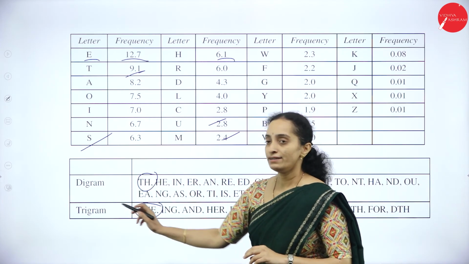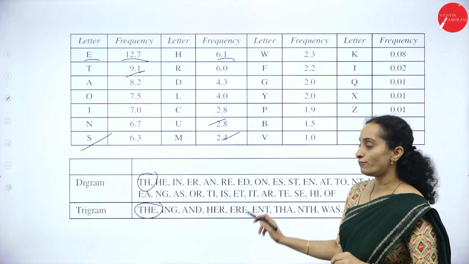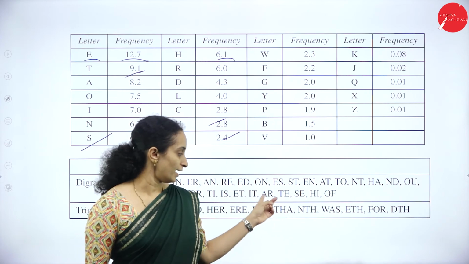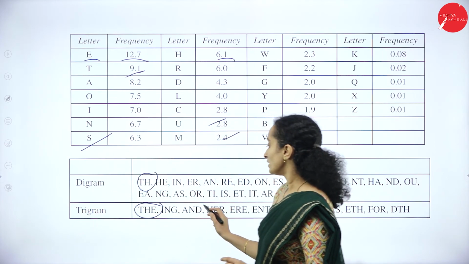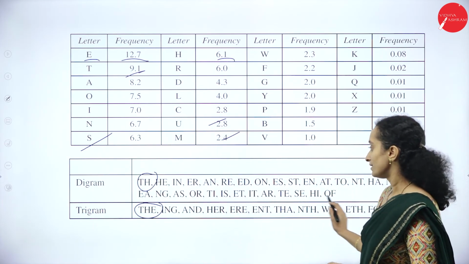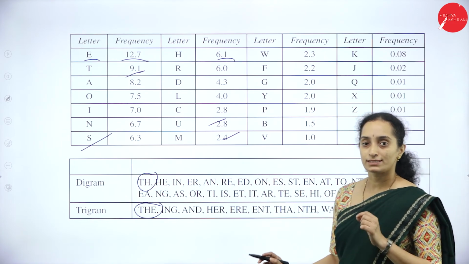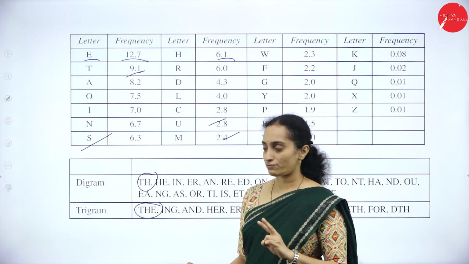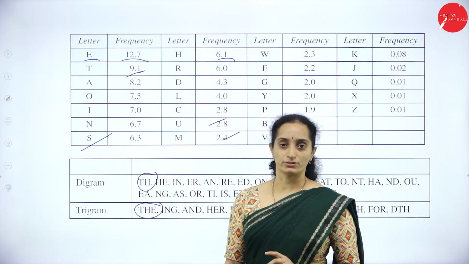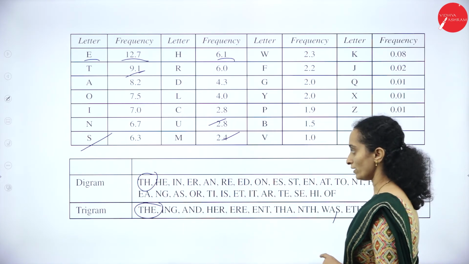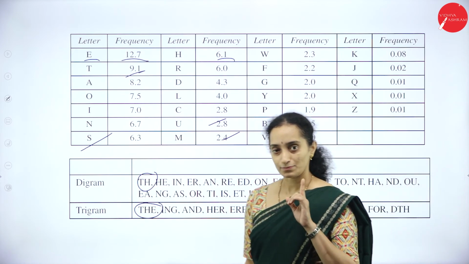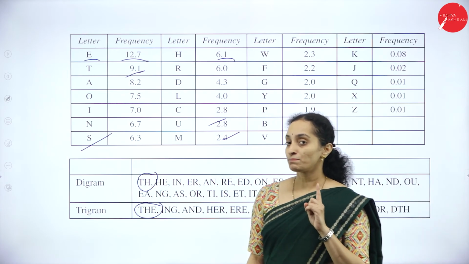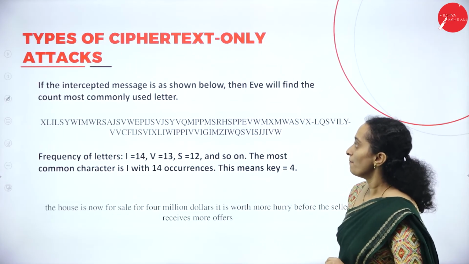Here we again have a tabulation of frequently used 2-letter words and 3-letter words. This logic can be used to perform a statistical attack on the additive cipher method.